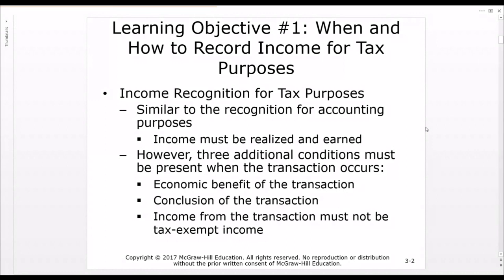So it's saying here, income recognition for tax purposes. It's similar to the recognition for accounting purposes. Income must be realized and earned. So when it talks about being realized and earned, that means that it's mainly using cash basis, right? So as soon as you pay for it with cash, you have to record that earning, or you have to record that expense.